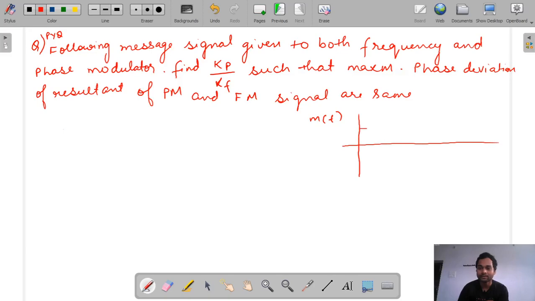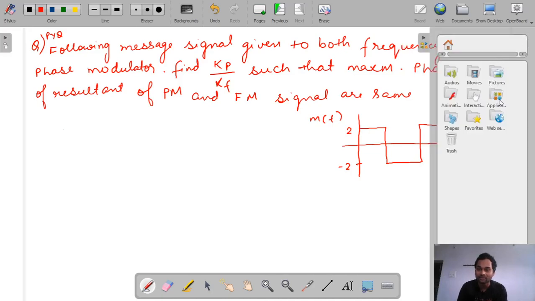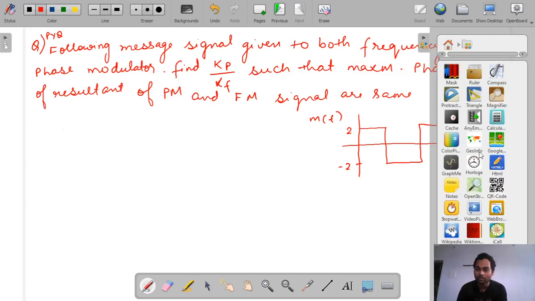This time the message signal is a rectangular signal, like in this fashion. This amplitude is 2, and this is -2. So this is our message signal given to both the frequency and phase modulators. In both FM and PM, this message signal is given. You have to find the ratio Kp by Kf such that the maximum phase deviation of the resultant PM and FM signals are the same. Maximum phase deviations are the same, and you have to find Kp by Kf.